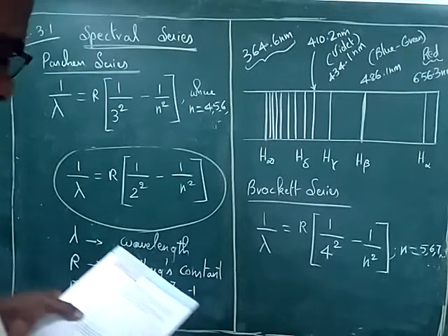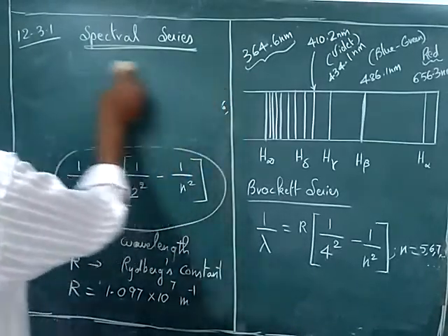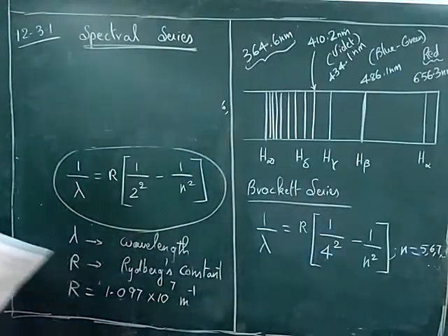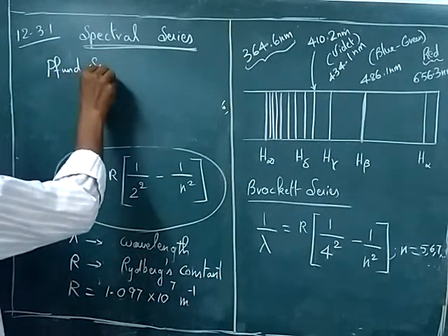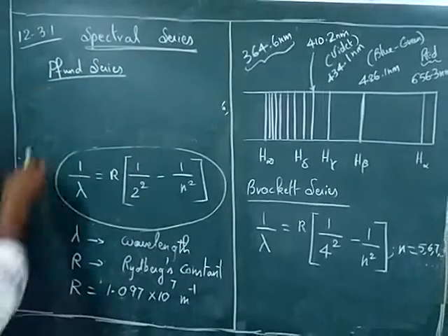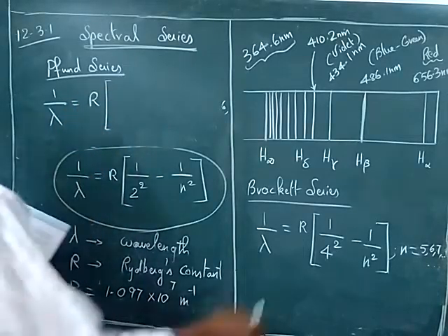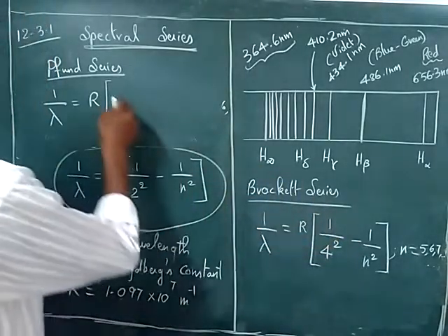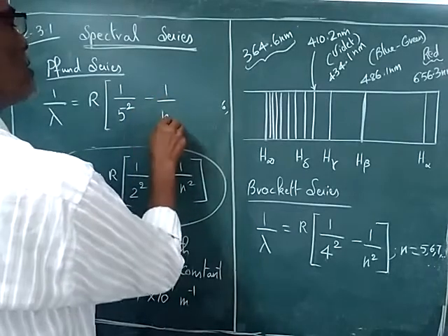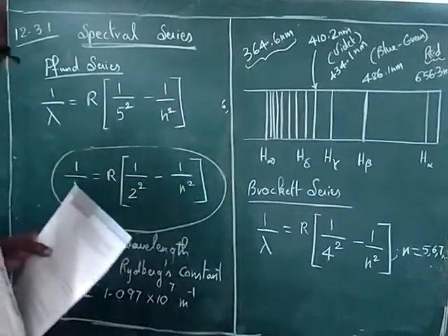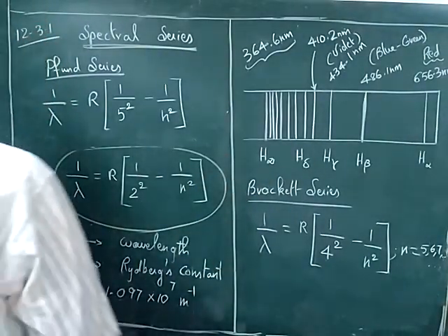Then we have the Pfund series. 1 by lambda is equal to R, Rydberg's constant, into 1 by 5 square minus 1 by n square, where n starts from 6, 7, 8, etc. The Brackett series had n equal to 5, 6, 7.